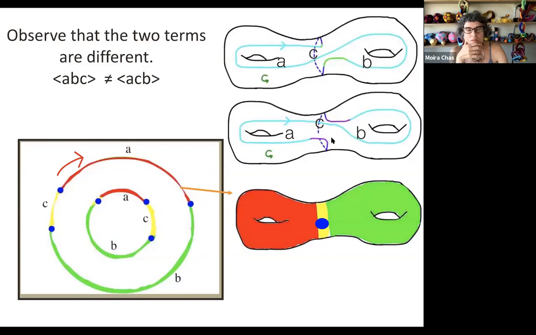I don't think so. Well, I should check, but I strongly doubt it. A bracket could be zero too if these two terms were the same, but they're not. Thank you.